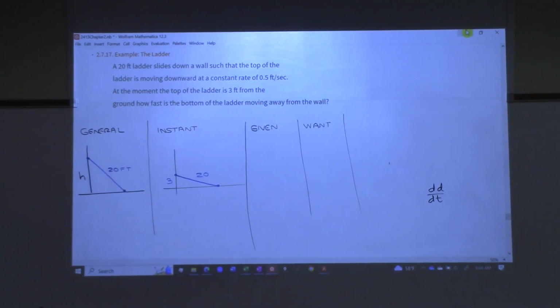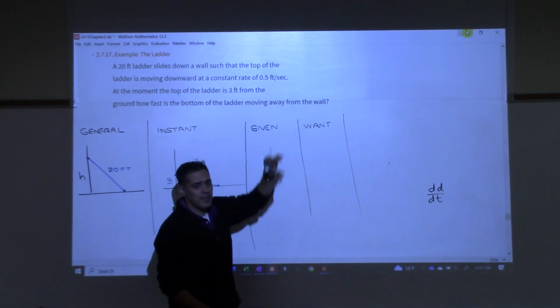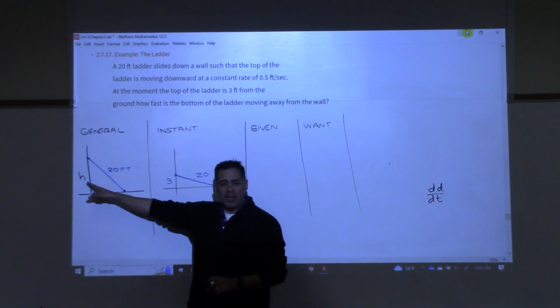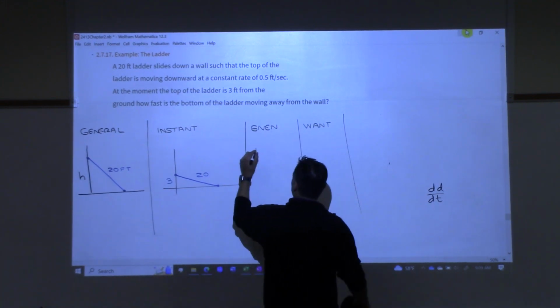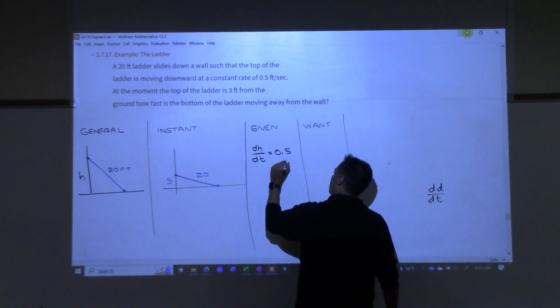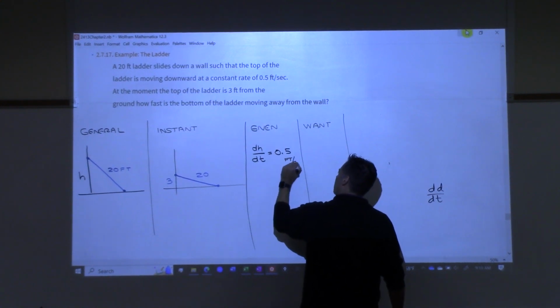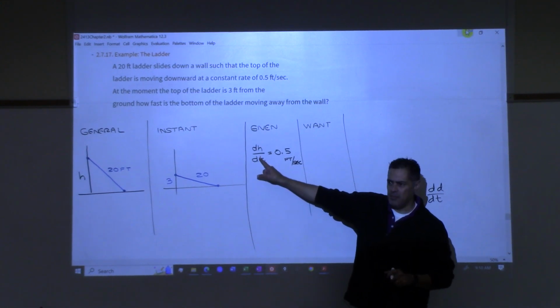Let's use H. We need that, because this given rate of change, 0.5 feet per second, is the rate at which H is changing. That's how fast H is changing. So I need to label that so I can write dH/dt equals 0.5 feet per second. We have to have the variable H in order for this to be written this way.